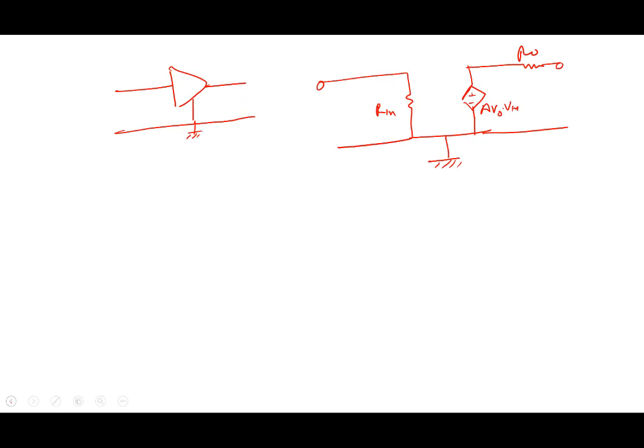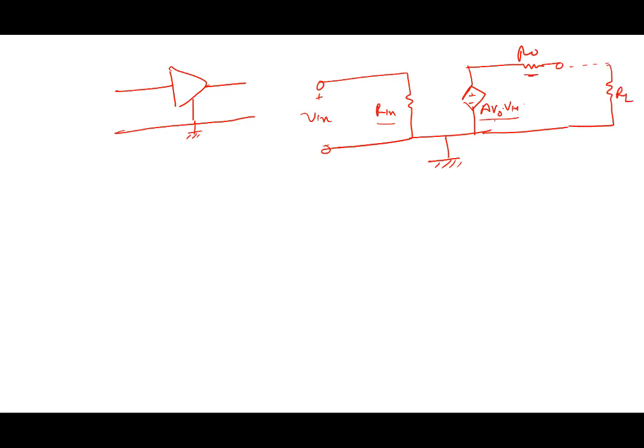Note that if you look at this picture, you want a small R0, because when you apply some voltage V in here, it appears across this, and then it goes here, AV0 times V in. Then you want this voltage to go to the load, because eventually you will connect a load here.